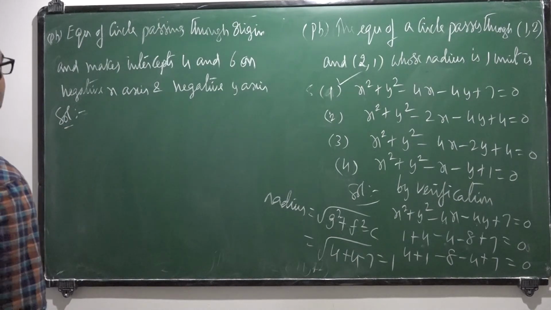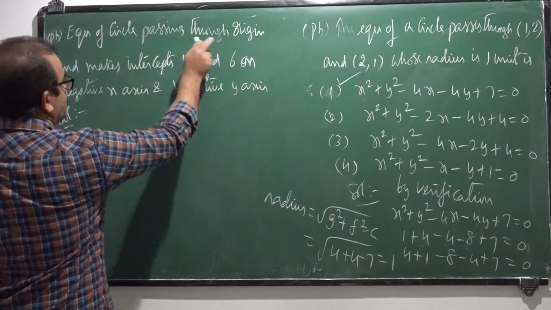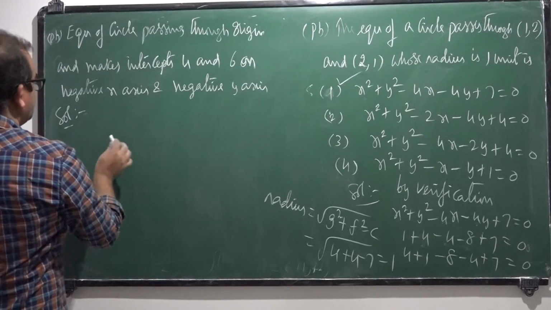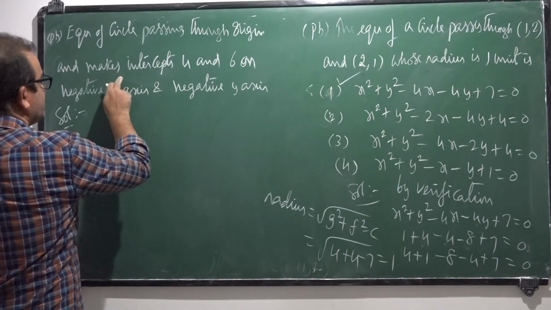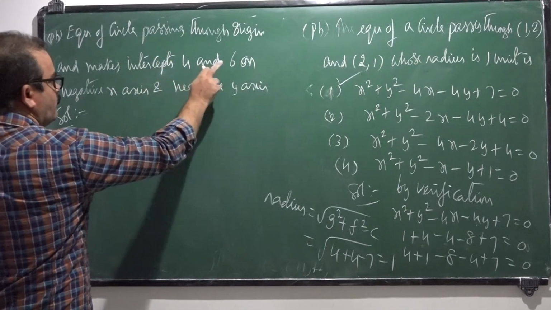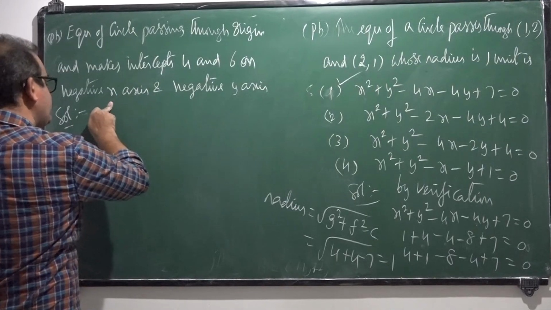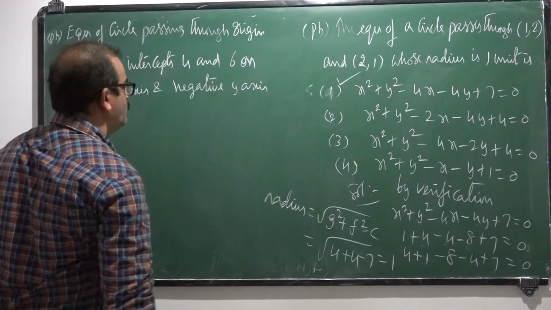First read the problem. Equation of the circle passing through origin and making intercepts 4 and 6 on negative x-axis and negative y-axis.